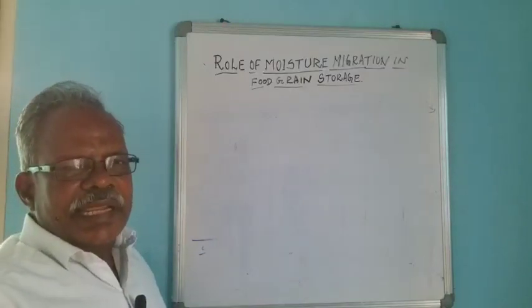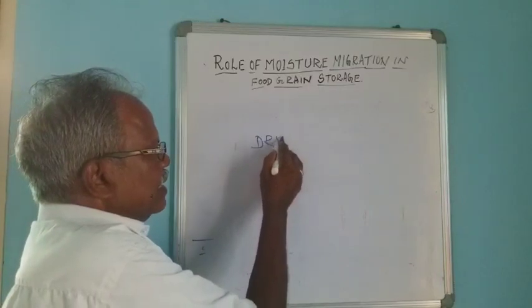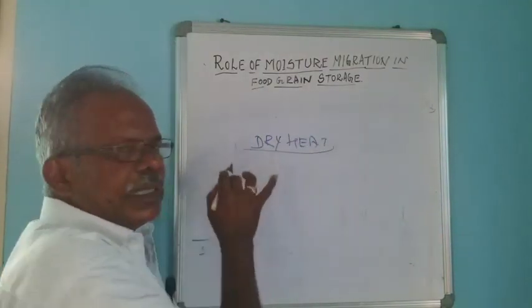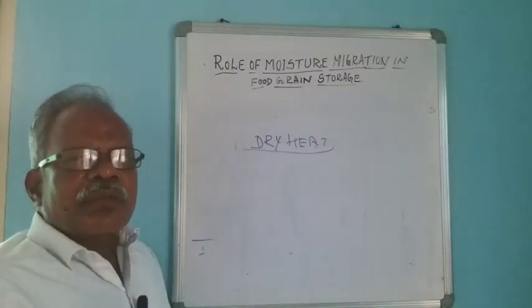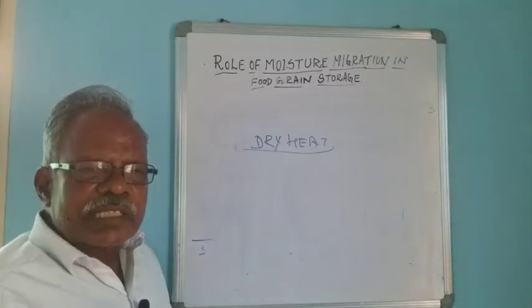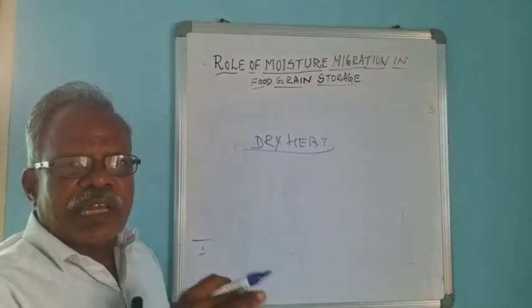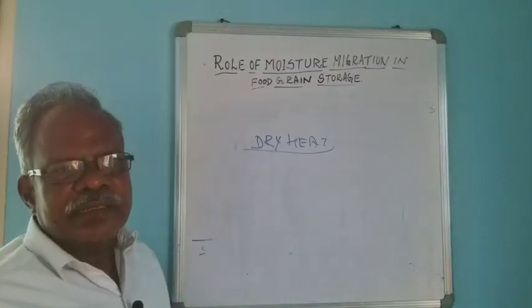dry heat and wet heat. Dry heat usually occurs when the insects are more; naturally the respiration will be more, the heat will be more, then the stock will have more heat, that is called dry heat.